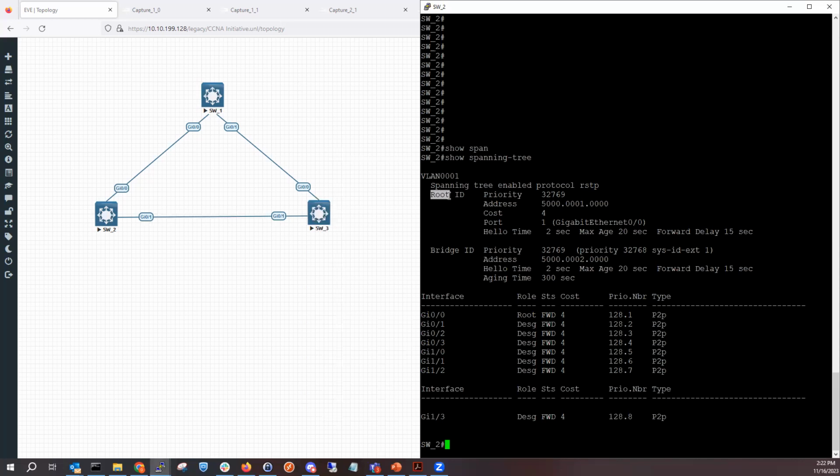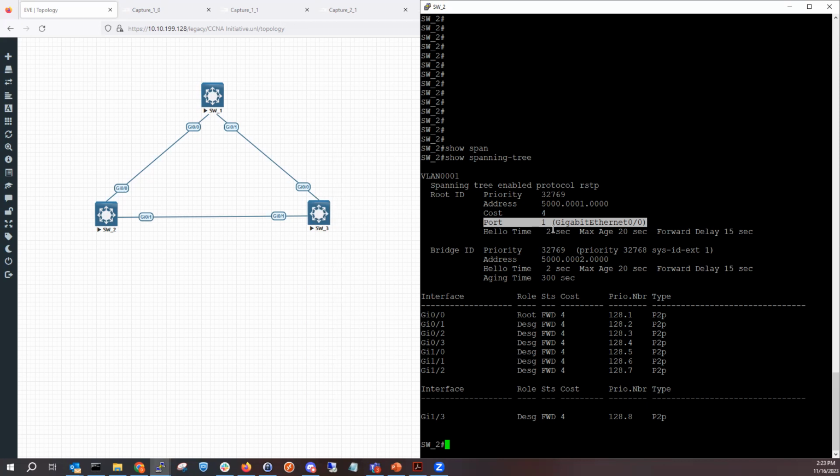So we know the root ID. We had communication with the root, which is switch 1. We know the cost to get to the root, which is 4, because we went over cost before, and we know what port connects to the root. Sometimes it won't be physically how you connect to the root. I may be connected to another switch, but that's not the actual root of the entire topology.